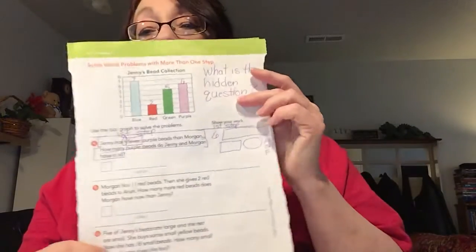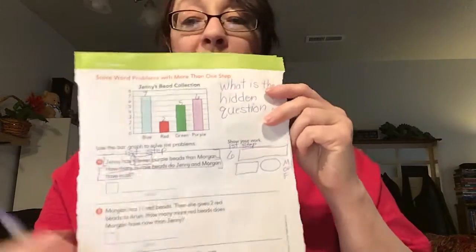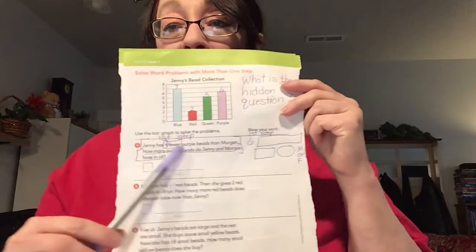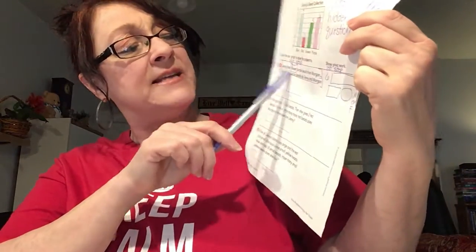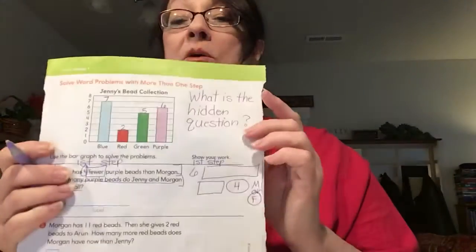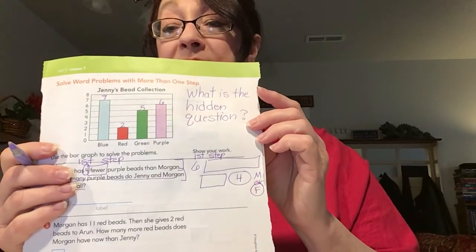I think we're going to do another comparison bar. What do you guys think? I'm going to just put M or F for more or fewer. So do we have our number for more or fewer? Well, it said Jenny has 4 fewer. So I would say we do. So we could put 4 and then circle the F for fewer like we have there.